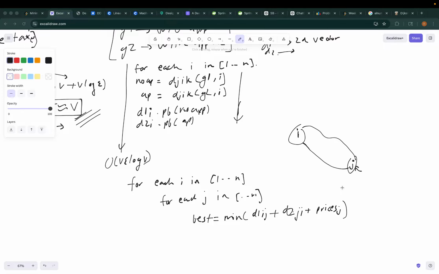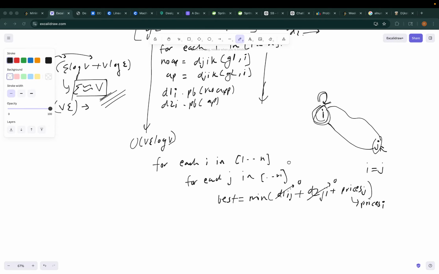In the case where I equals j, this will automatically default to prices of I. This would be 0, this would be 0, and this would become prices of I. So you don't need to worry about the edge case where you buy the apples at I itself.